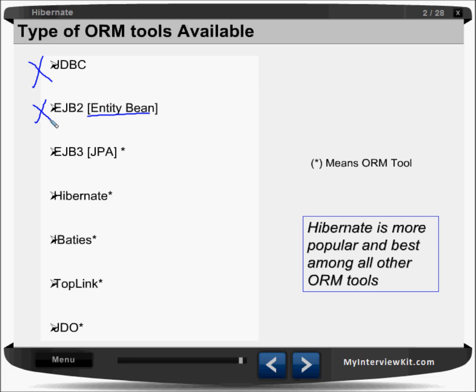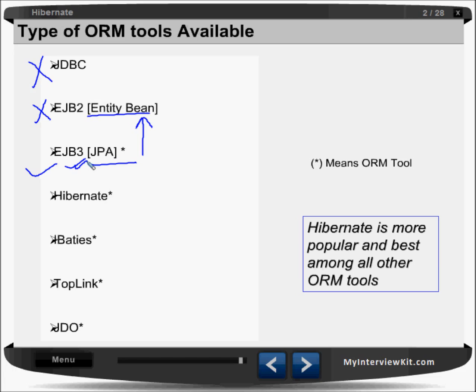But if we talk about EJB 3.0, it is giving the JPA concept, Java Persistence API, which is a replacement of the entity bean. And I can say the entity bean is now deprecated in EJB 3.0. It's now obsolete.